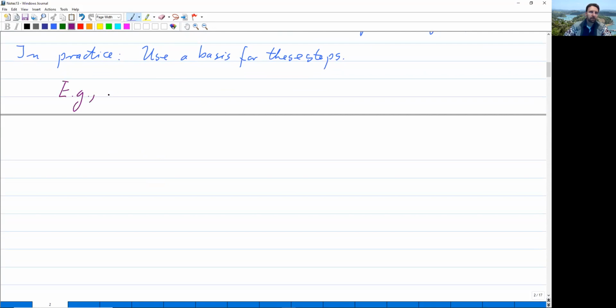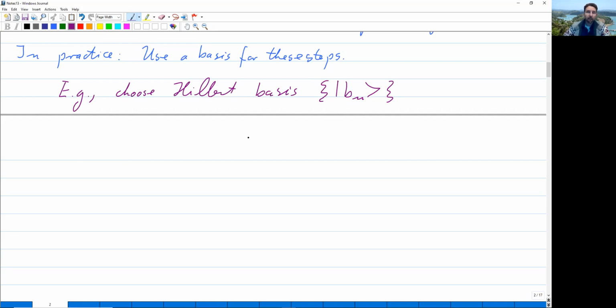E.g., choose a Hilbert basis of vectors that we may want to call Bn vectors, where the index n ranges over some integers, maybe all positive integers, or all integers, etc. You don't have to specify that at this point.